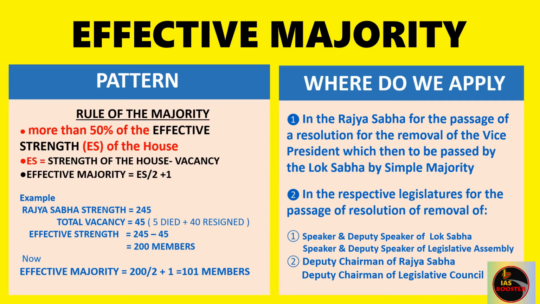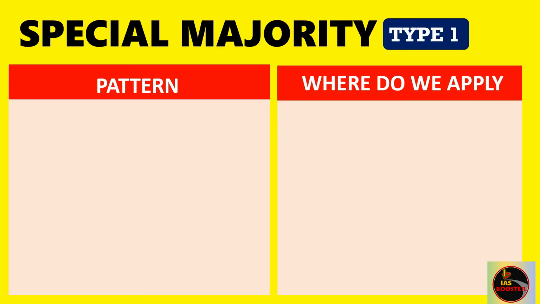So let's go to the next type of majority. Here we have special majority. Before we discuss the working mechanism of the special majority, let me tell you, special majorities are divided into type 1, 2, 3 for convenience.